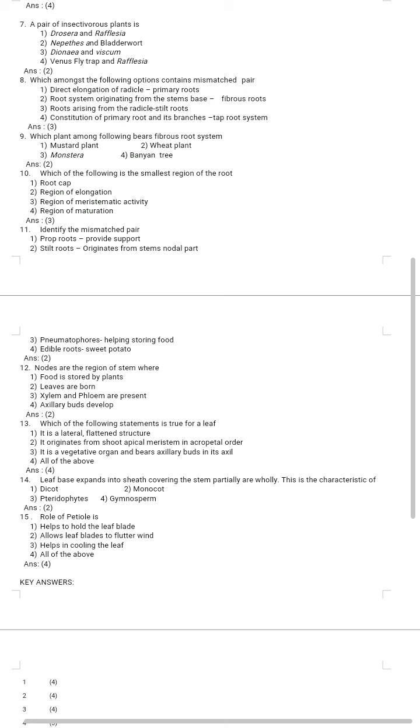The root has three regions. Let us see from down to top the correct regions. At the tip is the root cap, which protects the meristematic region, meant for rapid or active cell division called mitosis, meant for growth and production of more cells.